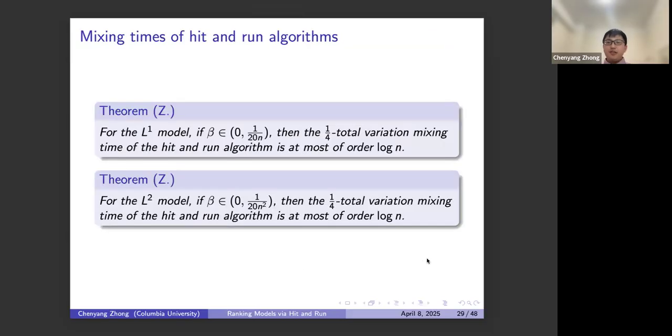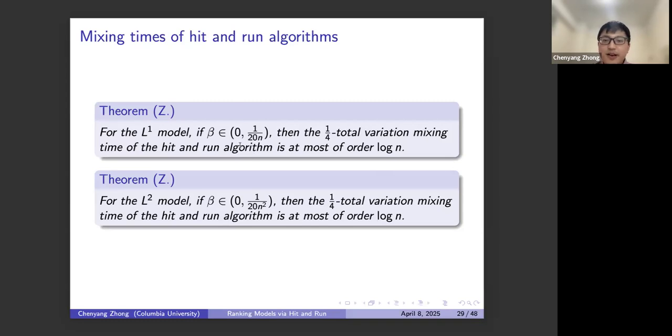Okay, and based on those definitions, we actually can prove that the hit and run algorithm that we have introduced mixes pretty fast. So here are two parallel results. For the L1 model, namely the Mallows model with the L1 distance, if beta is within this range, I'm going to show in the next slide that this range is of practical interest.